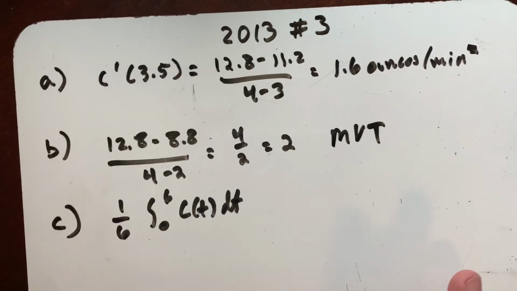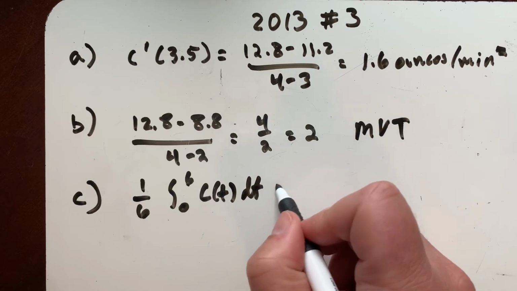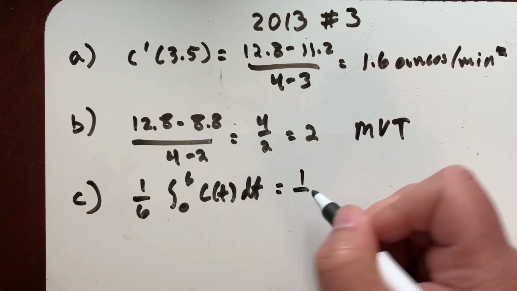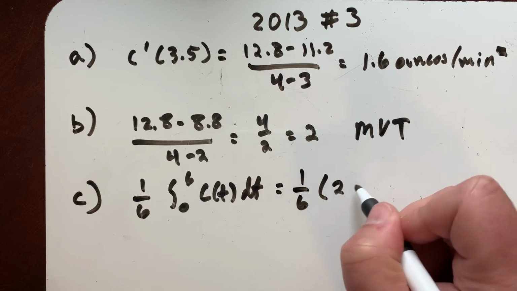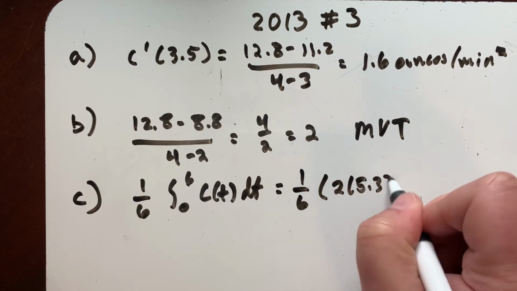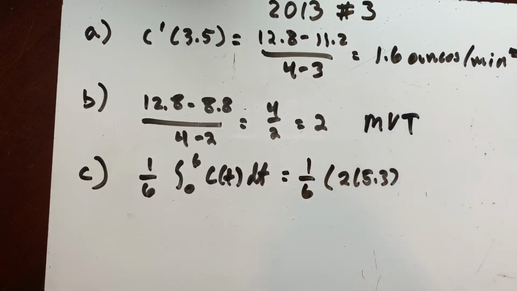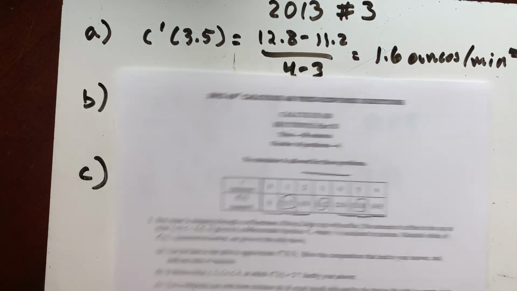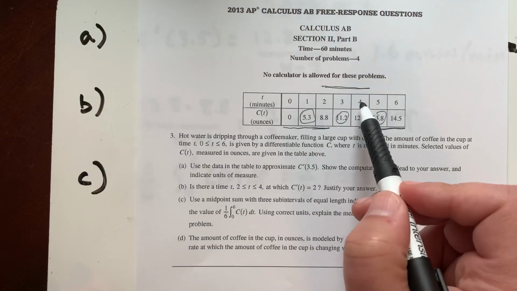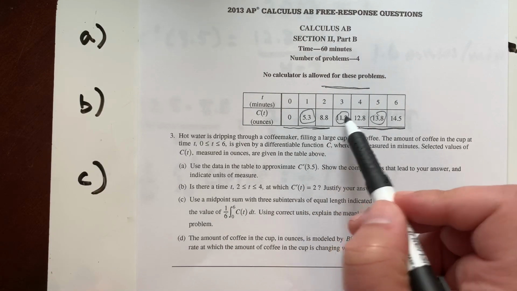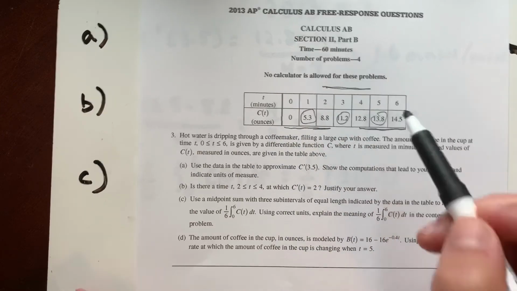Okay, so let's do this. I got 1/6 times 2 times 5.3. And again, I get that 2 from subtracting 2 minus 0, and we're going to use the midpoint. Next one's going to be 4 minus 2, and we use the midpoint. 6 minus 4, and use the midpoint.